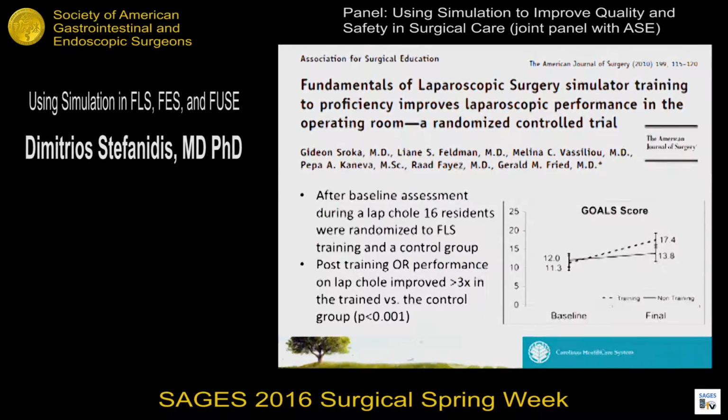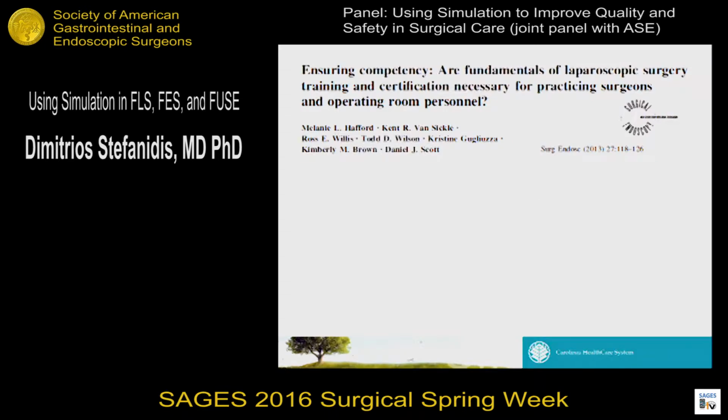Compared to a control group, performance improved 3 times more in trainees performing a laparoscopic cholecystectomy who had FLS training prior. GOLS is an assessment tool that has been validated for the assessment of basic laparoscopic skills, and you can see that the ratings by expert observers improved significantly, and a lot more so in the intervention group. So that's some evidence that by doing the tasks, you get better in the clinical environment.